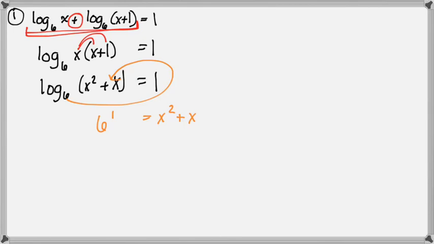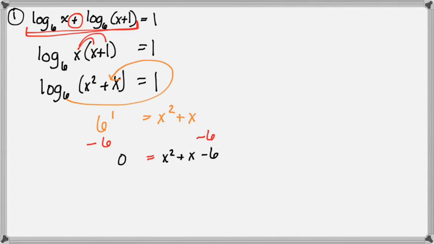Because we have a square term, that means we have a quadratic equation here, so we need to have everything on the same side. So 0 is equal to x squared plus x minus 6.